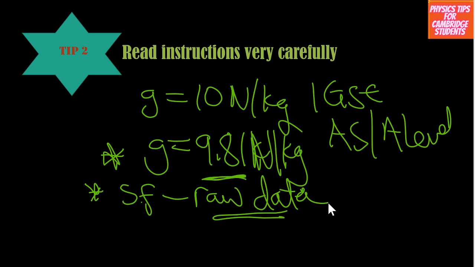The number of significant figures should be adhered to. You look at the least number of significant figures. That's what your answer should be stated to. So answers must be stated to the least number of SF in the question. When you read the question, pay attention to the significant figures that they give you.